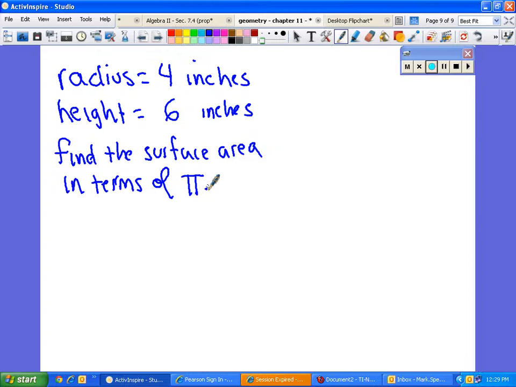Yeah. Okay, so here's a typical problem. We are told that the base of a cylinder has a radius of 4 inches and a height of 6 inches. Now, if it makes things easier for you, go ahead and draw a picture.